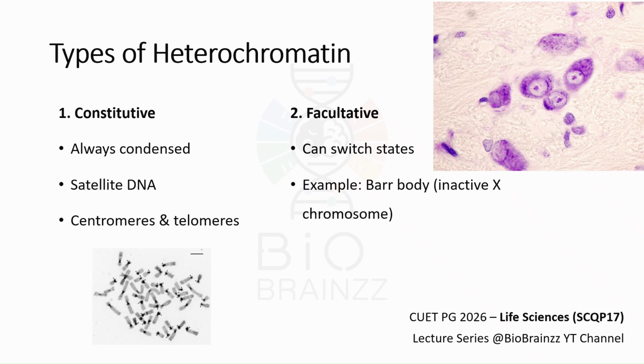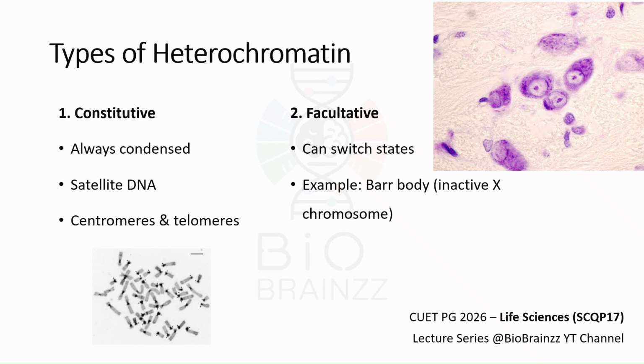Now coming to the second type, facultative heterochromatin. As the name suggests, this type can switch between condensed and relaxed states depending on developmental stage or cell type. A classic example is the bar body, which represents the inactive X chromosome in female mammals.